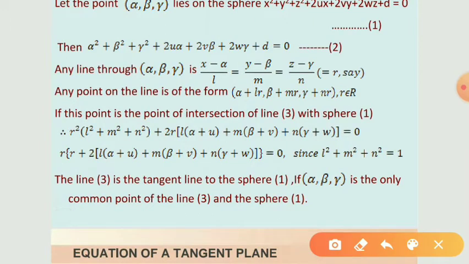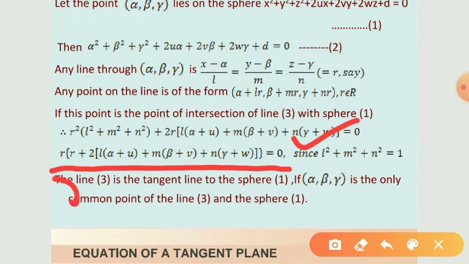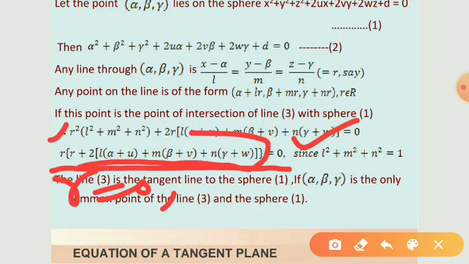So since alpha, beta, gamma is the only point of intersection of this line with the sphere, we must have the root of this equation as R is equal to 0 only. Therefore we must have R is equal to 0.